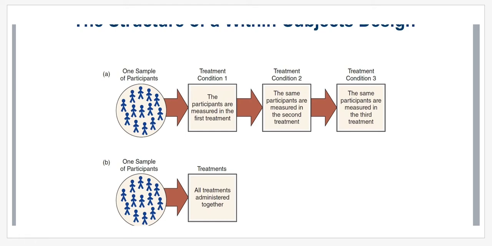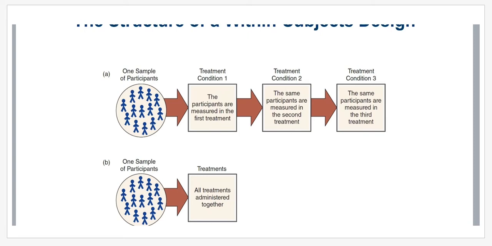The first one is where they receive some kind of a treatment or some kind of manipulation of the independent variable, and then a little bit later, or maybe later that same day, or maybe in a few days or whatever, depending on what the study is and what the variable is, they will be measured in a second condition or a third condition or whatever, but they experience all of the conditions over a certain period of time.